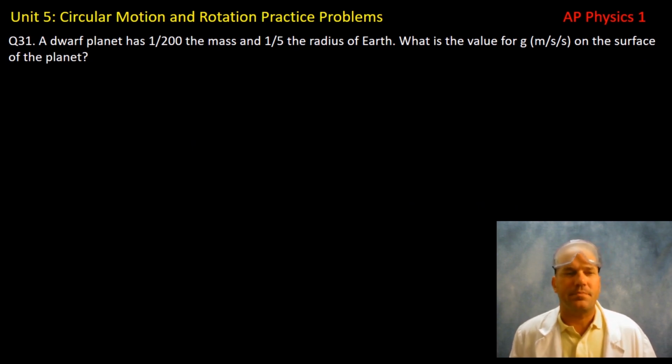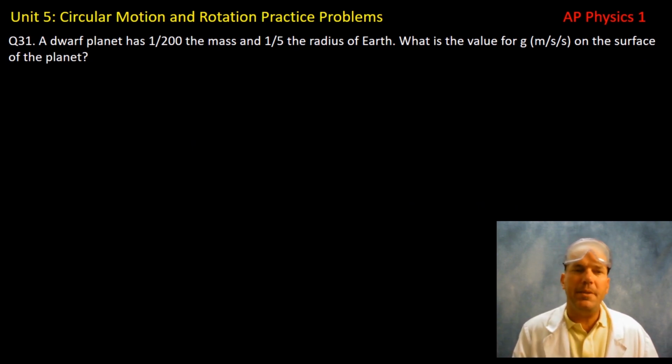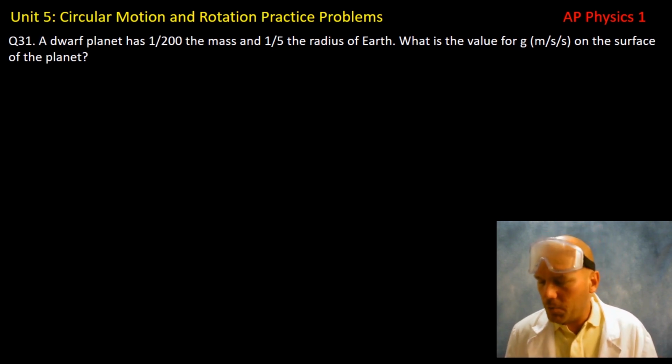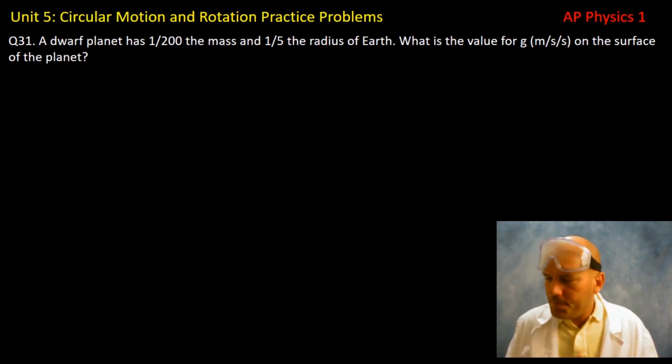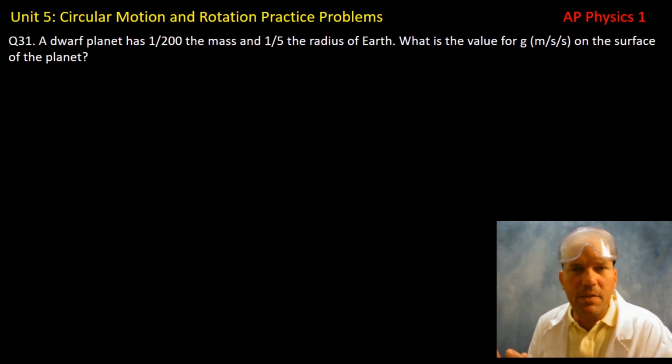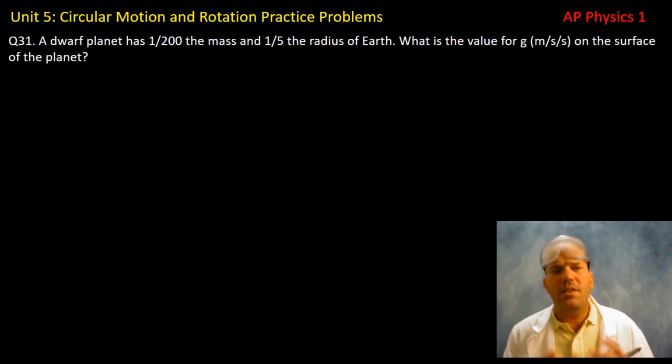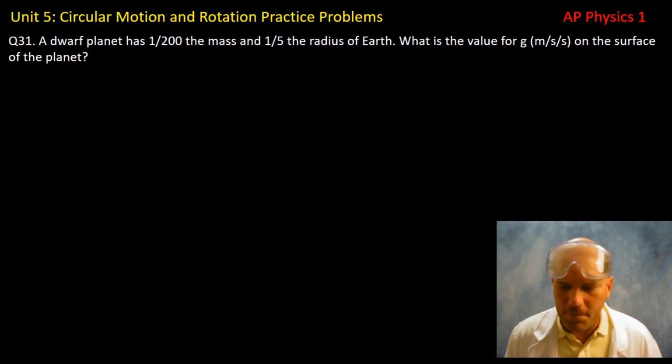Question 31. A dwarf planet has 1/200th the mass and 1/5 the radius of the Earth. Okay, we're comparing some other planet to Earth, and we know some things about planet Earth. What is the value for little g on the surface of the planet?